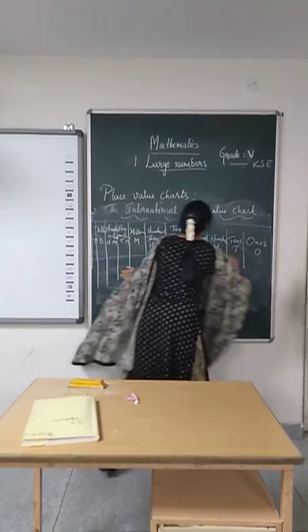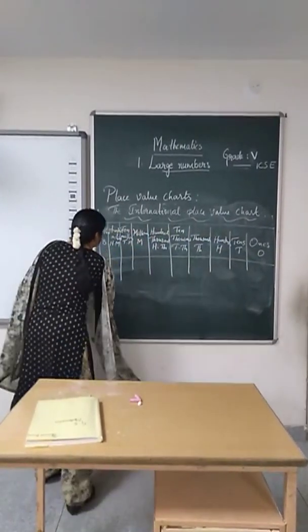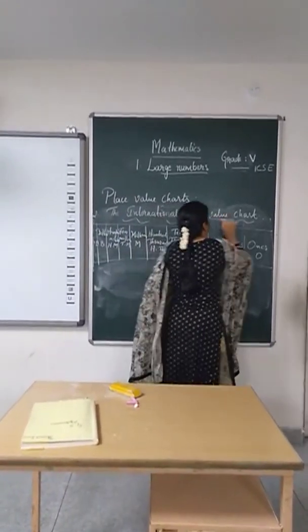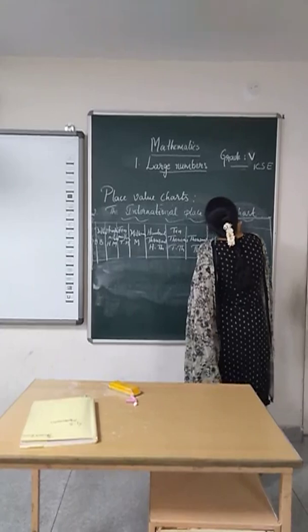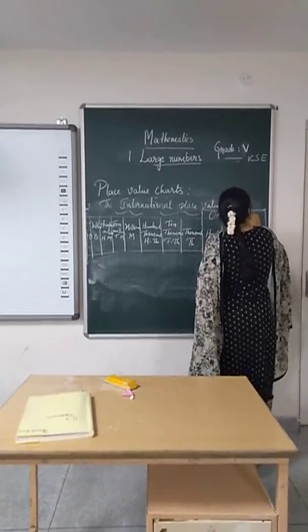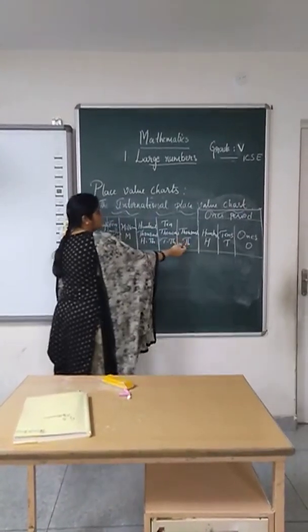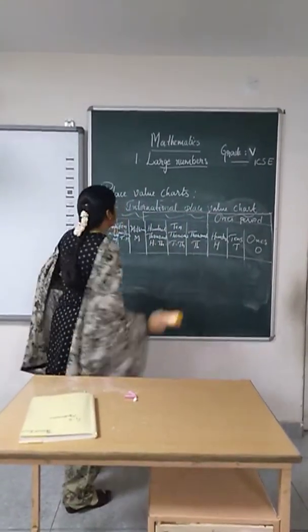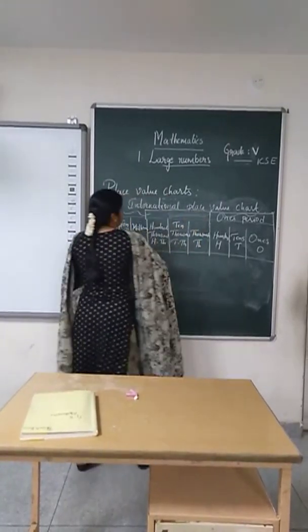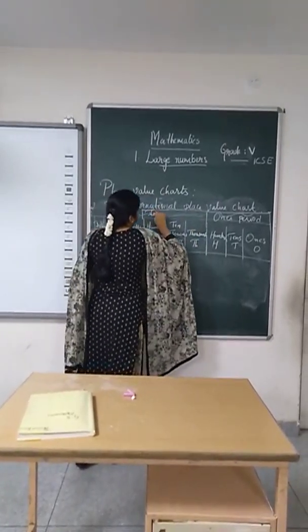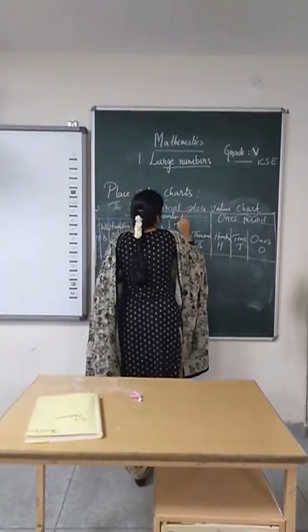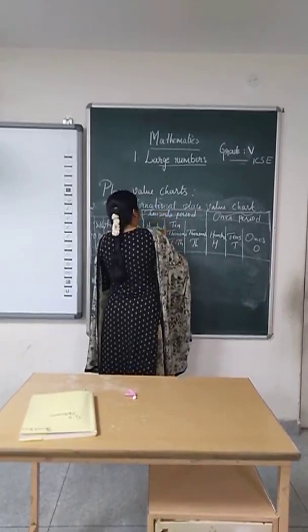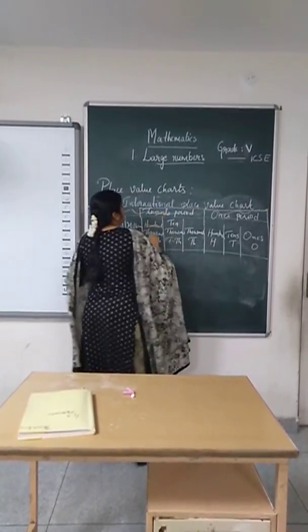So this is the international place value chart form. Again, here one's period. Next, here 1000, 10,000, 100,000 come under thousands period.